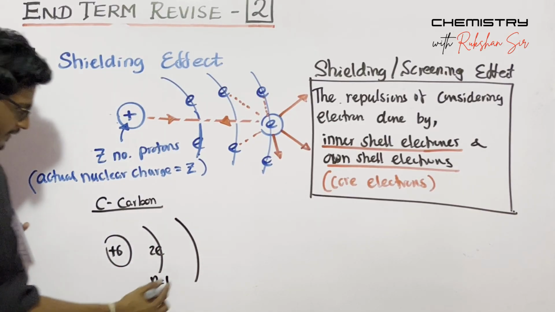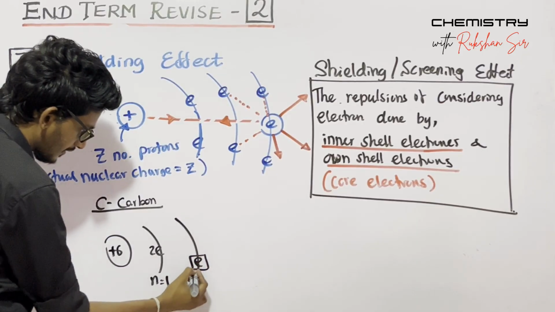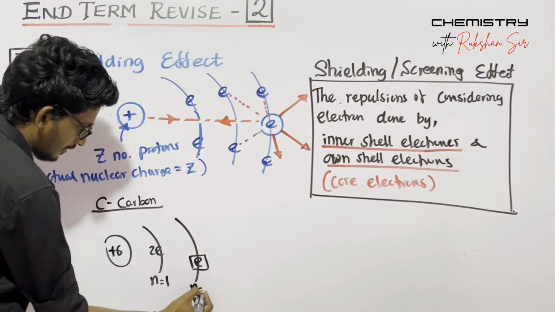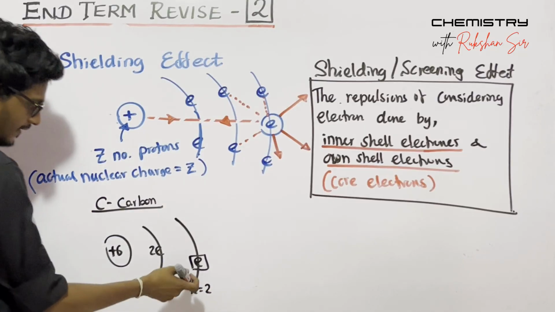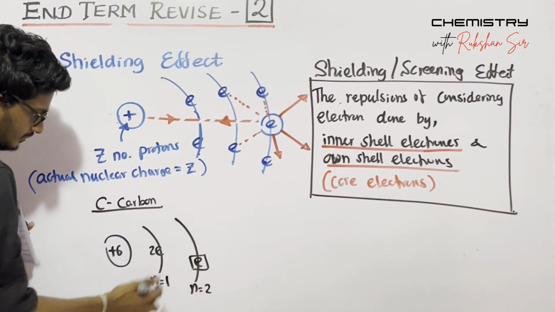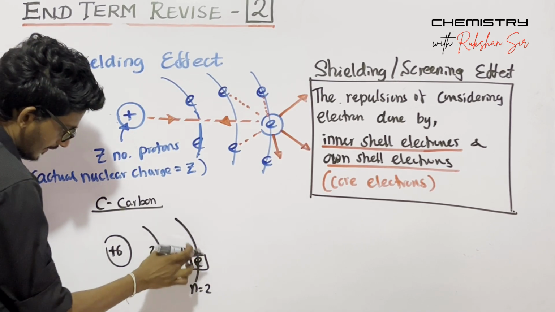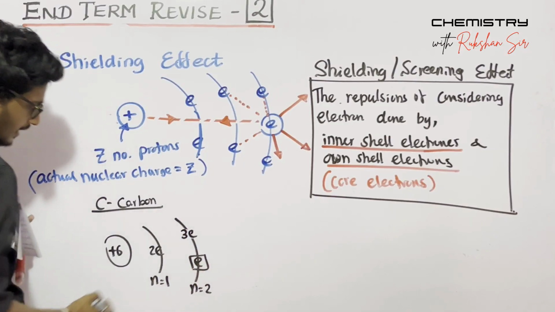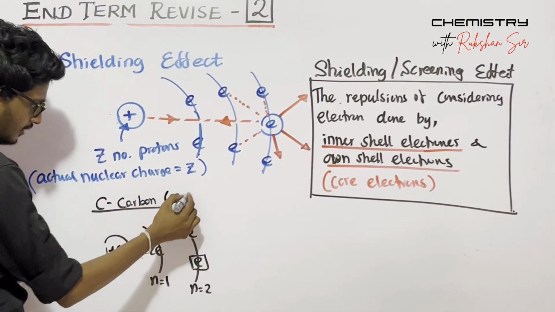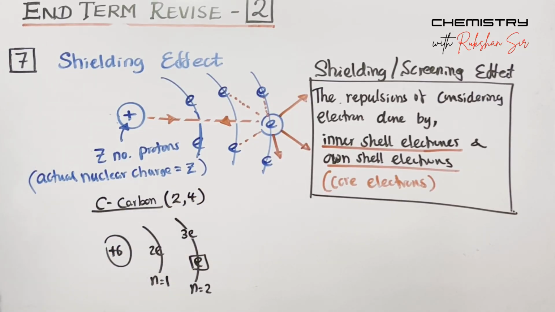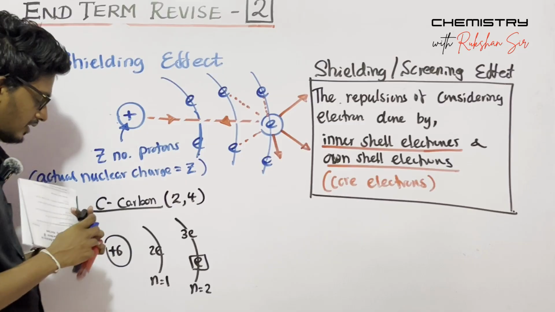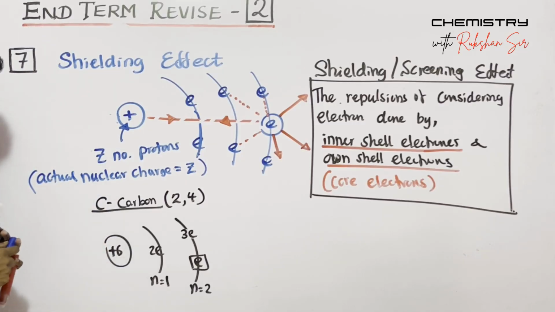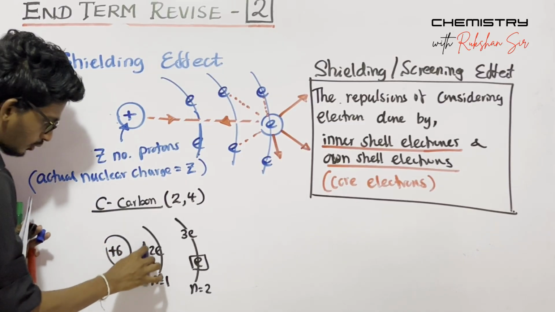If your considering electron is this, at n equals 2 you have three other electrons, as carbon is carrying a 2-4 electron configuration.